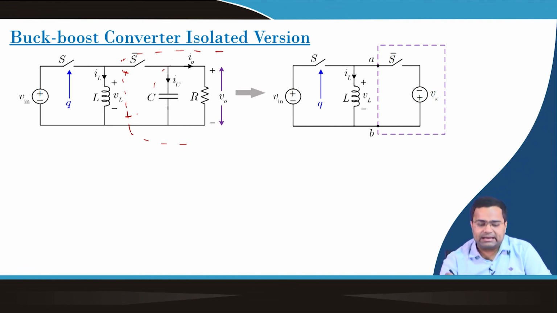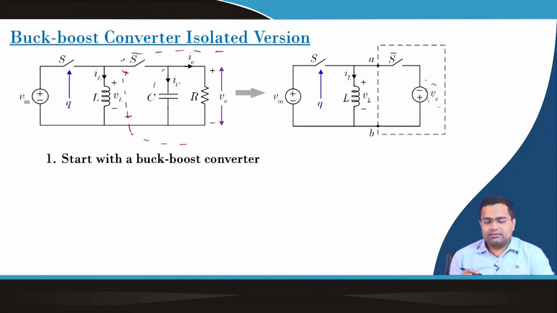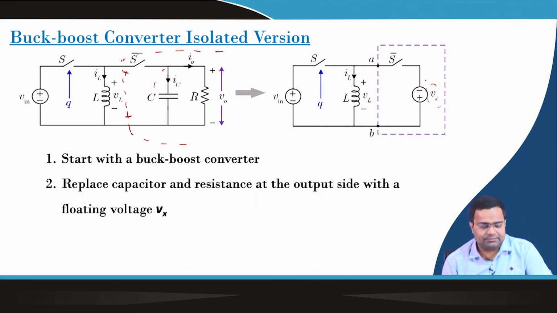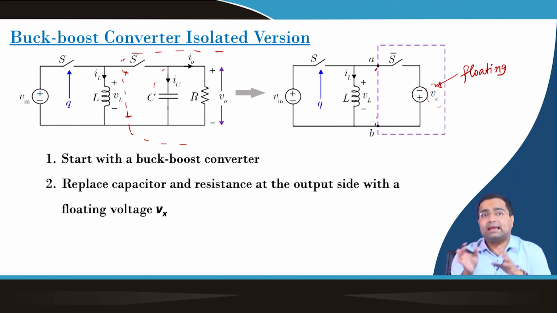So we can replace this voltage Vx, where we start with a buck boost converter, with a floating voltage. What will be this floating voltage? We will take that up. But across VAB, this floating voltage will appear like a pulsating voltage depending upon the status of switch S bar.